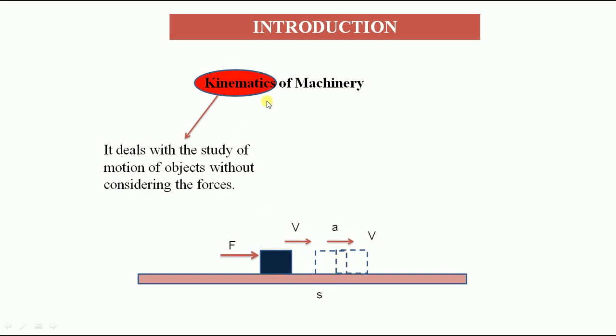So kinematics means we need to discuss the characteristics or properties related to the motion other than the forces causing that motion of the object. Mainly we consider the velocity and acceleration of the object when the object is under motion. That is exactly kinematics.